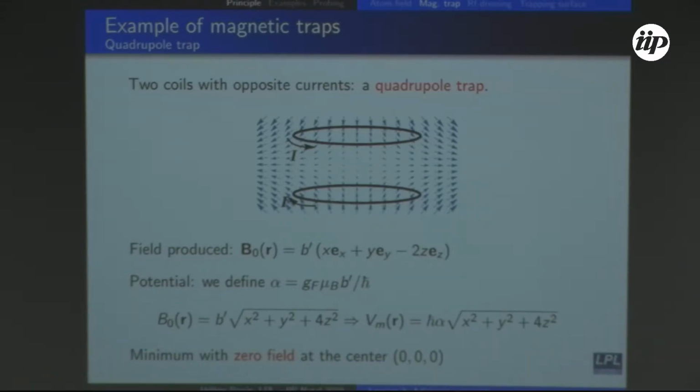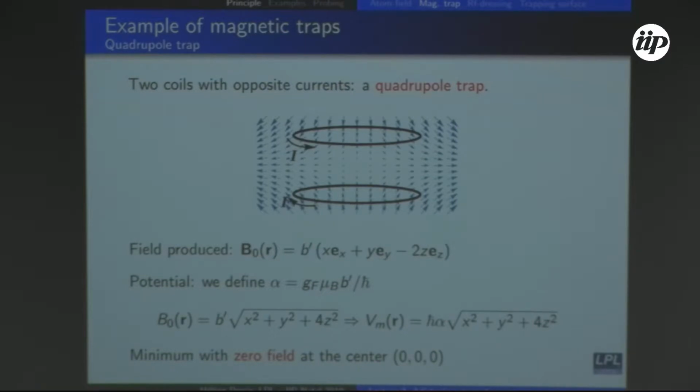Okay, so I will have B prime x ex plus B prime y ey, and then minus 2 B prime z ez, and then I add something, B offset, well, B1 ez. But now I define Z0 as being B1 over 2B prime.